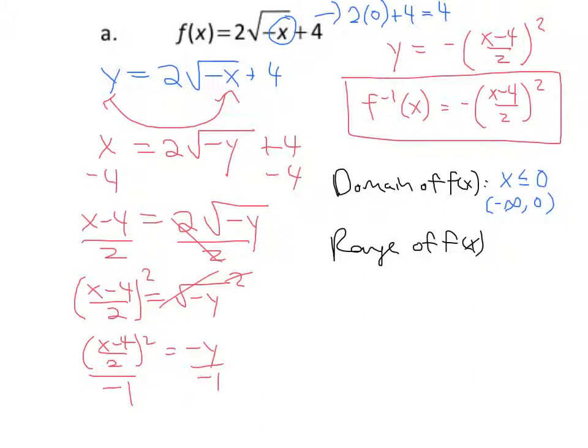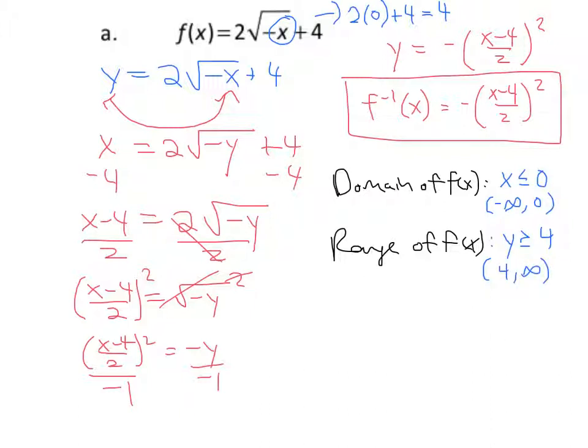Plugging in bigger negative x values would come out to bigger positive values, so those will get bigger and bigger. We can have y values greater than 4, but the smallest y value we would ever have is 4. So the range of this function is y has to be greater than or equal to 4. We could also say that in interval notation. Oops, I didn't mean to write 0. I meant 4. So we could say 4 to infinity.